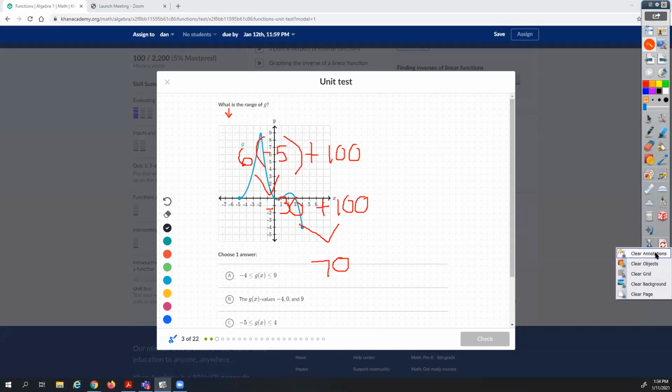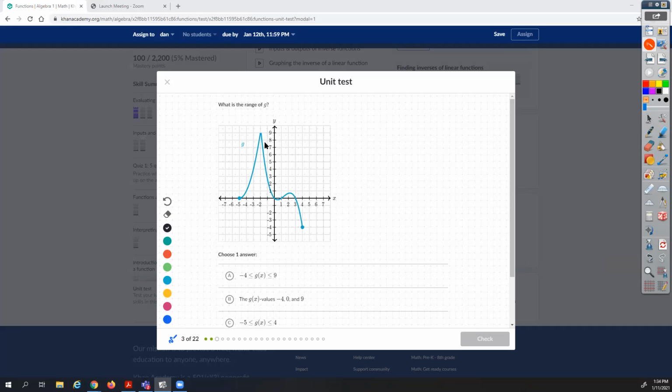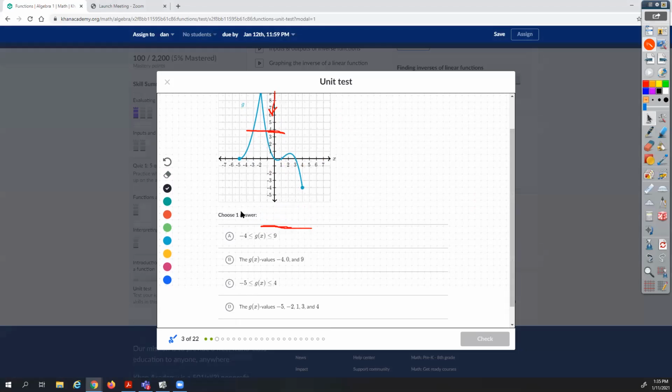Let's look at number 3. Number 3, it says, what is the range of g? Now, this is important because when it talks about range, it only refers to the y values. So the range goes from 9 all the way down to -4. So if we take a closer look, from -4, which is here, all the way to the +9.